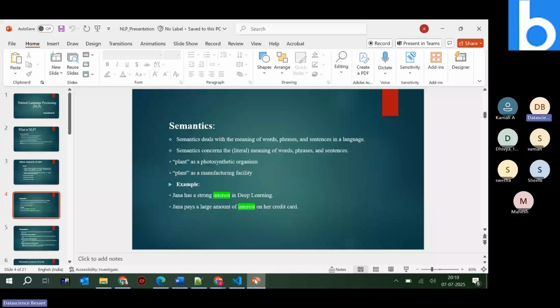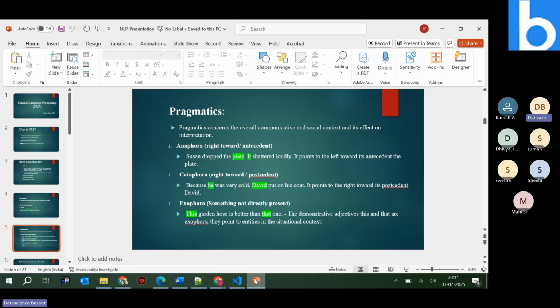To find the meaning of interest in a particular sentence, I have to look at the preceding and succeeding tokens, or words. By seeing the interest token alone, I cannot conclude what meaning it derives. So depending on the succeeding and preceding words, I need to come to a conclusion. That is called semantics. Basically, semantics means meanings.